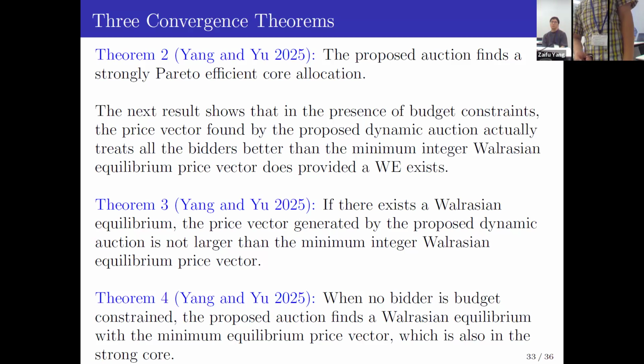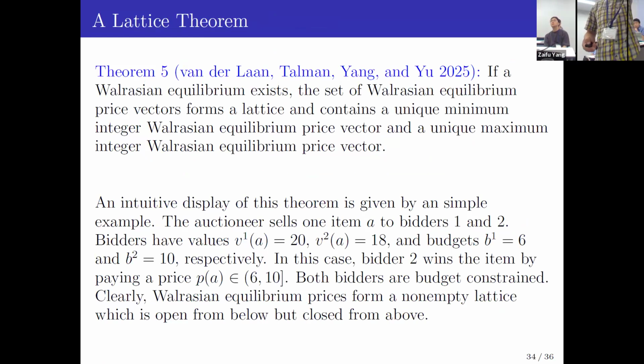Okay, I think then we have another theorem. If a valuation equilibrium exists, then the set of valuation equilibrium price vectors forms a non-empty lattice, containing a unique minimum integer valuation equilibrium price vector, and also a unique maximum integer valuation equilibrium price vector. But there could be equilibrium prices which are not integer but are below this minimum integer equilibrium price vector.